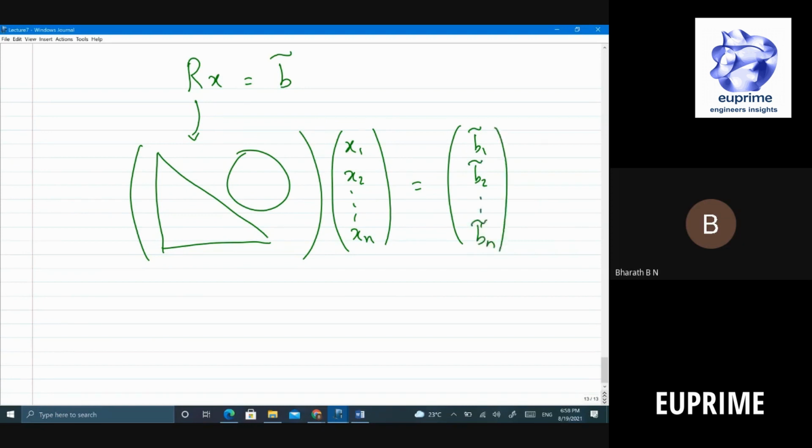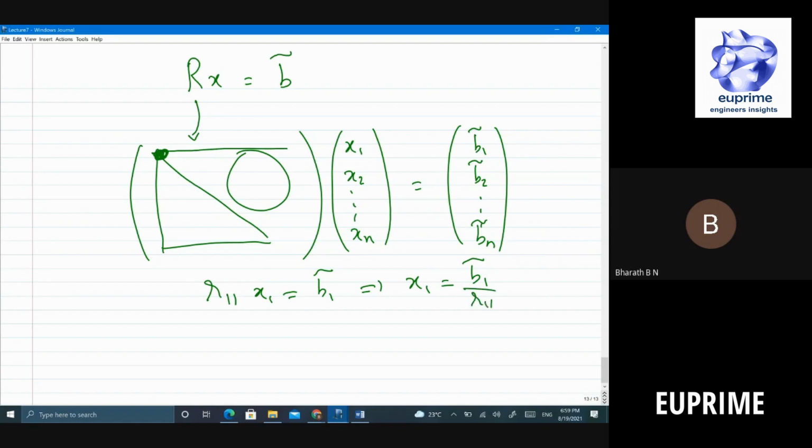Now when you multiply, what do you get? The first row multiplied by x: there is R11, a number here, so it's not 0. Everything to the right of it is 0. So R11 times x1 is b1 tilde. So x1 is trivial, b1 tilde divided by R11.